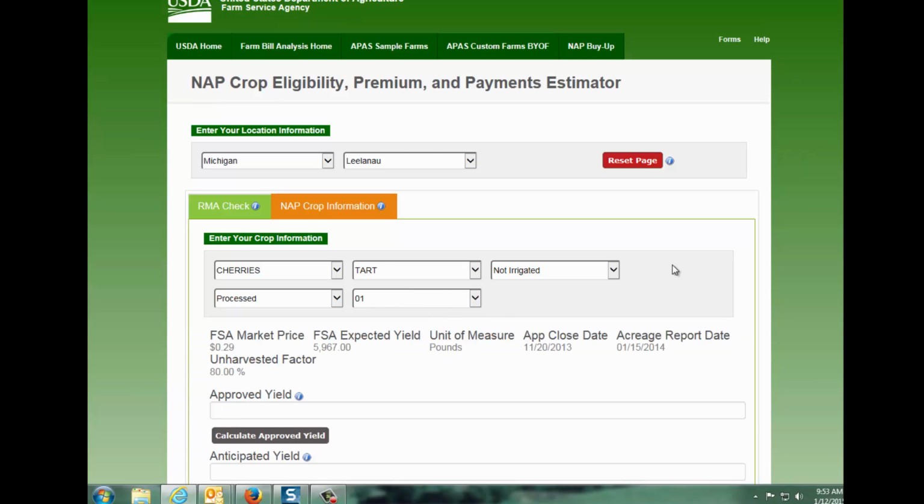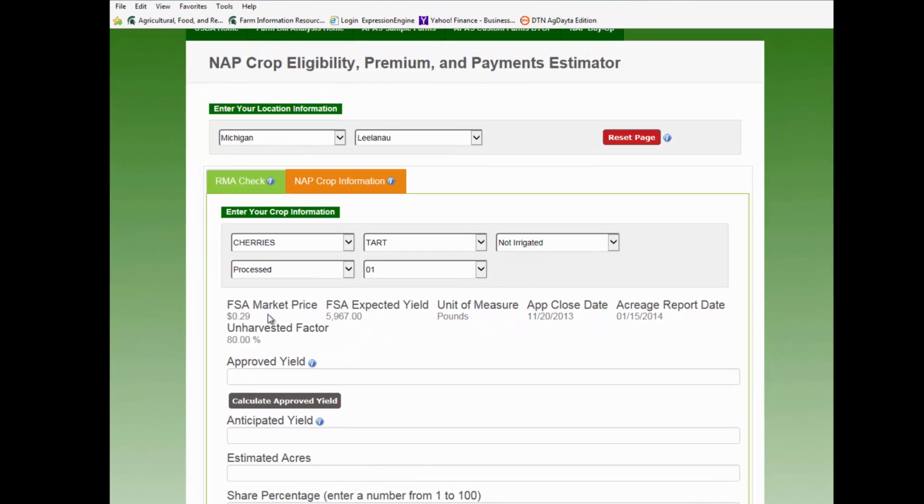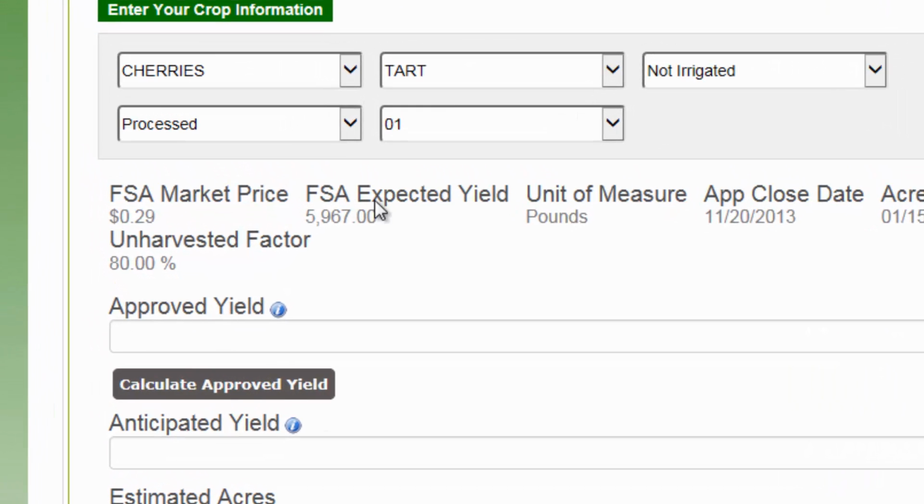What shows up next is some of the information you need to help make this decision. The FSA market price is 29 cents. That's set. That's what it will be as we go through. We have the Farm Service Agency's expected yield for that county, which is 5,967 pounds per acre.